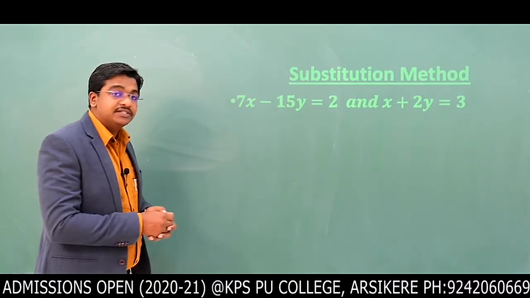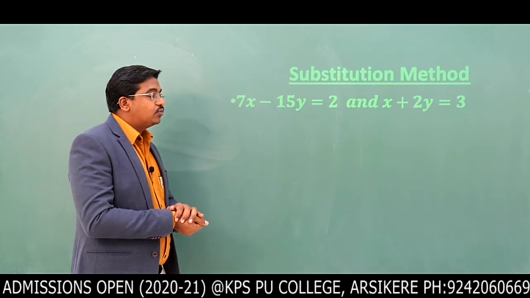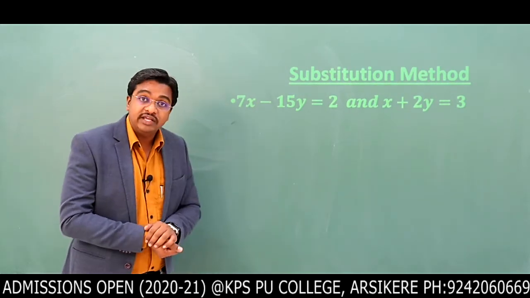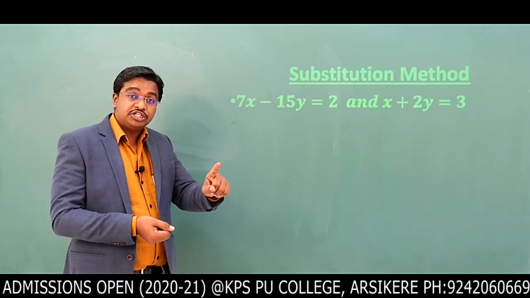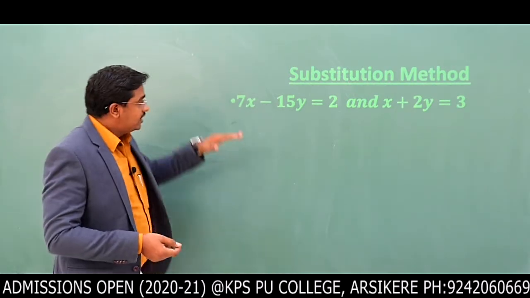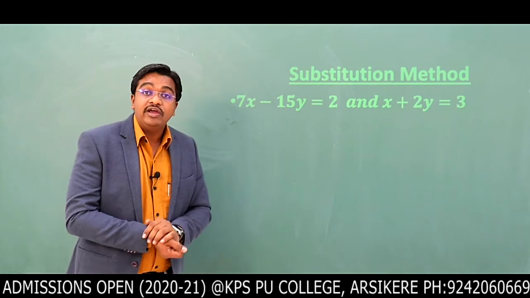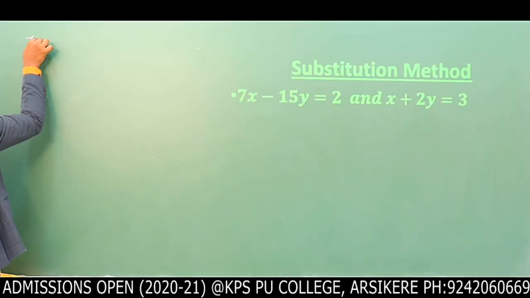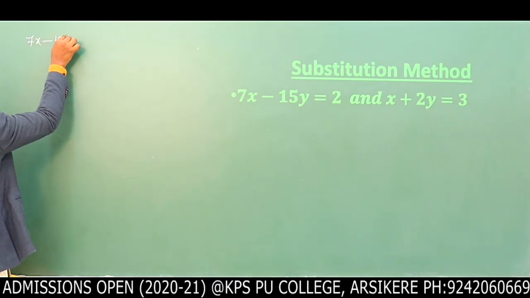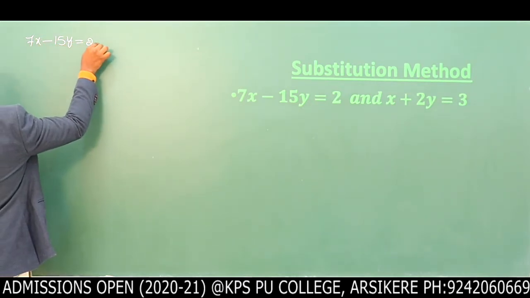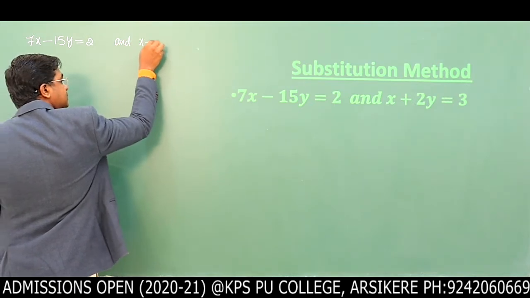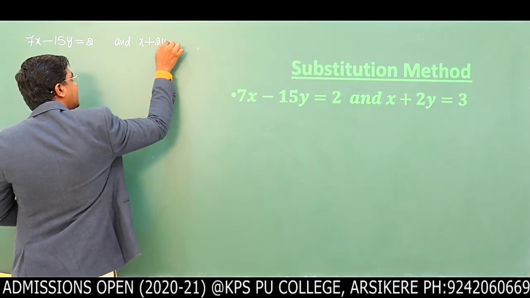7x minus 15y is equal to 2 and x plus 2y is equal to 3. These are the two given equations. Using substitution we can solve this problem. Either substitute x in terms of y or y in terms of x. First equation is 7x minus 15y is equal to 2 and the second equation is x plus 2y is equal to 3.